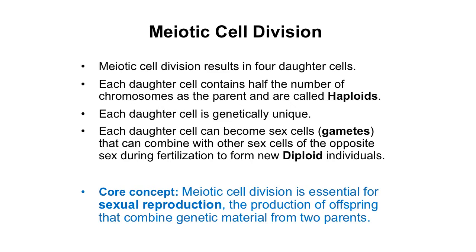Now, each daughter cell can become sex cells, or gametes, that can combine with other sex cells of the opposite sex during fertilization in order to form new diploid individuals.